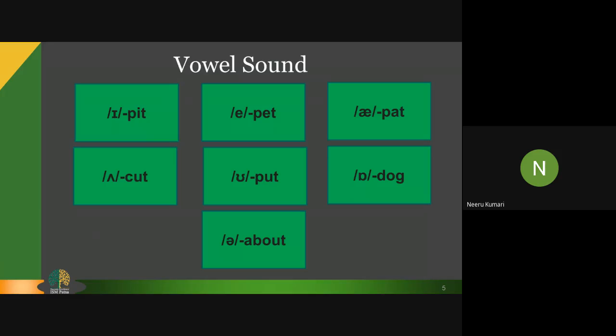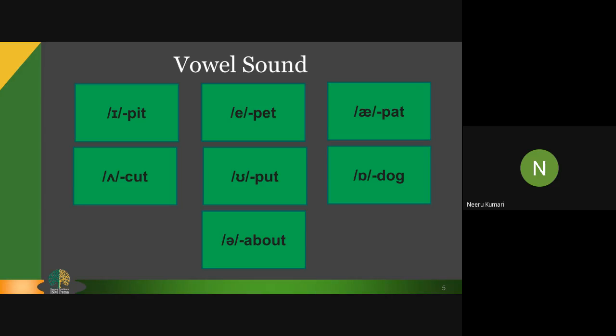This is the lower sound of uh, as in about. Let me repeat the words and I want you to identify the vowel sounds in these words. Pet, pat, cut, put, dog, about.